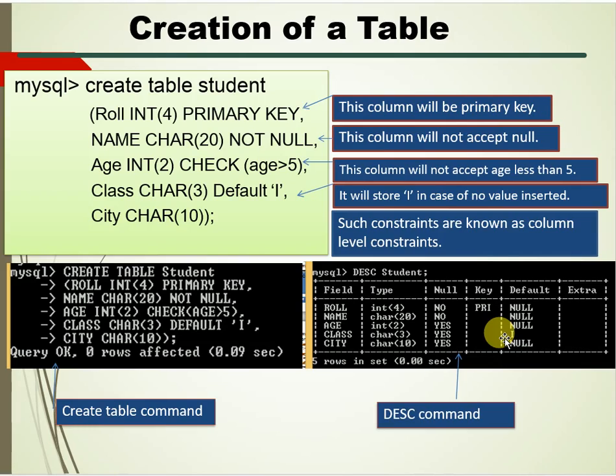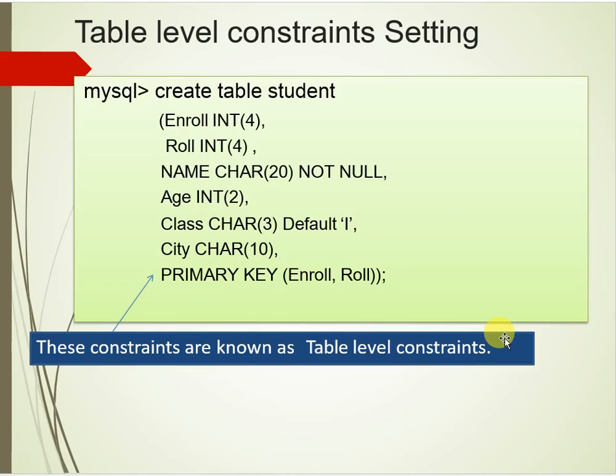Now we will move to the next thing. This is a table level constraint, like create table student, same table, and first we have to specify all the fields with the corresponding data types: enrollment number integer 4, roll number integer 4, name character not null, integer 2, class character 3 default type, city character 10, and at last you can apply the constraint primary key on which field, enrollment number.